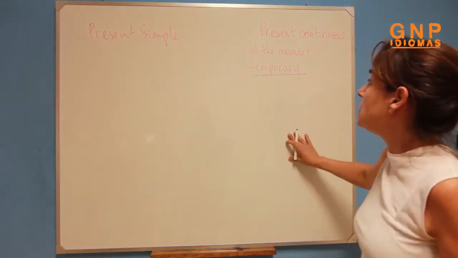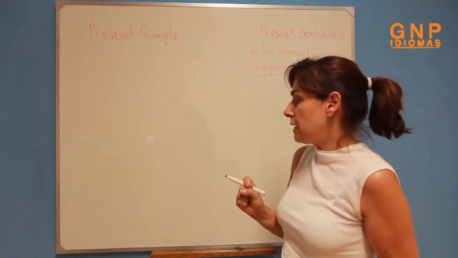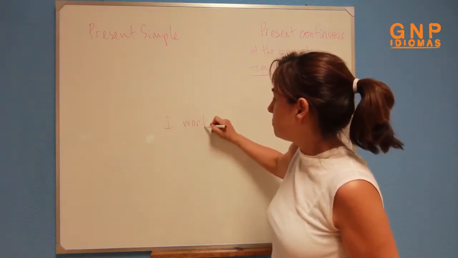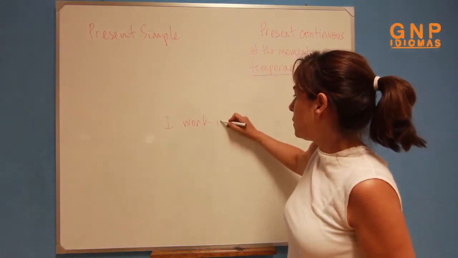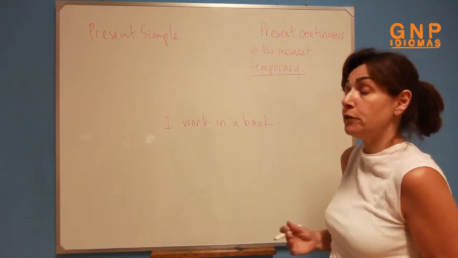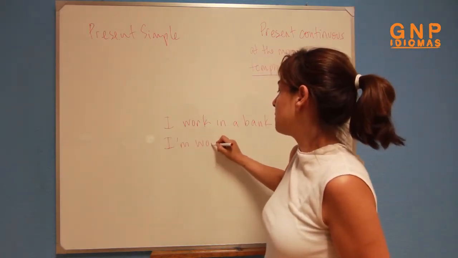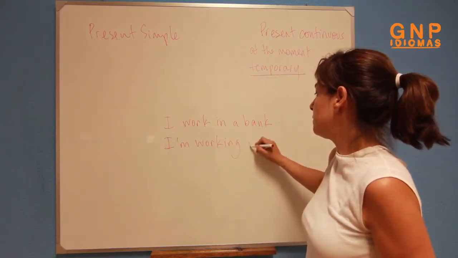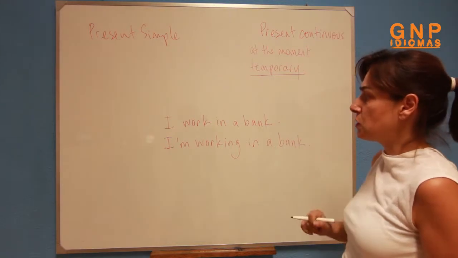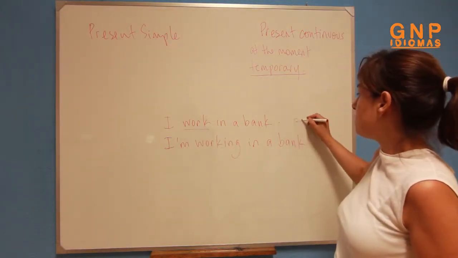Temporary is easy if you give them the right examples. Now, let's say, what's the difference between I work in a bank, let's say somebody asks you what you're doing, I work in a bank, and another sentence, I'm working in a bank? In some languages, there would be absolutely no difference between those two sentences. Whereas for us, I work in a bank is a permanent situation.